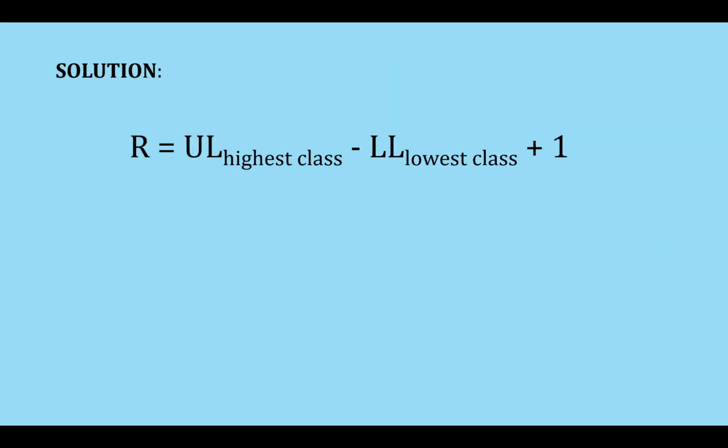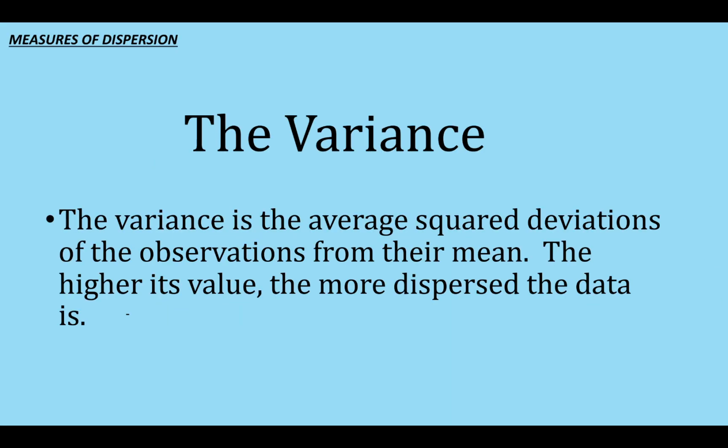For our range, we have the upper limit of the highest class, 5,499, and the lower limit of the lowest class, 1,000, and then plus 1, giving us a range of 4,500.